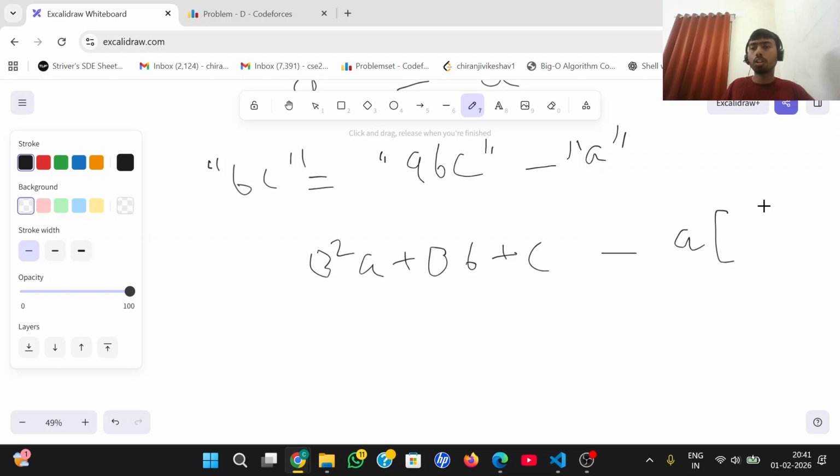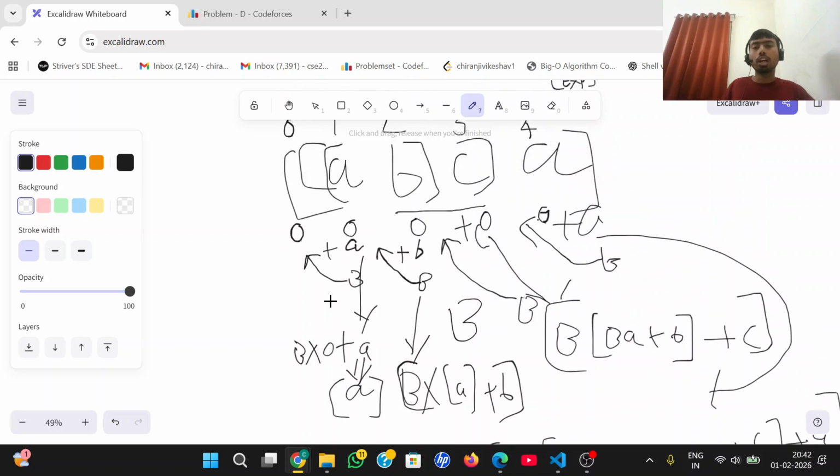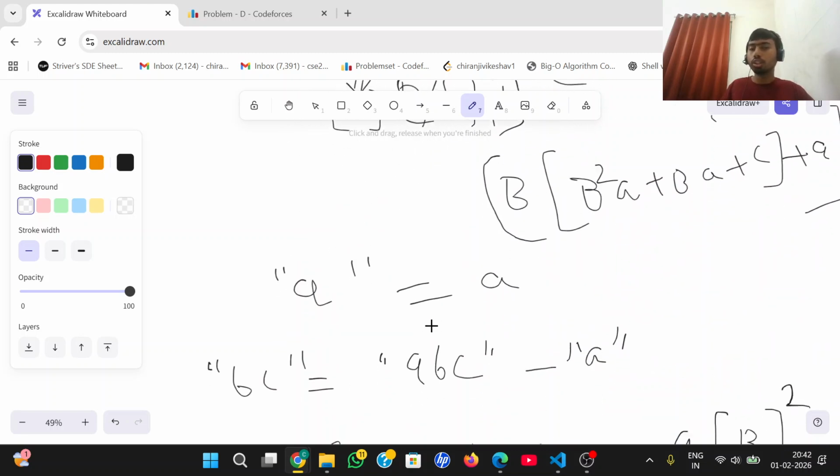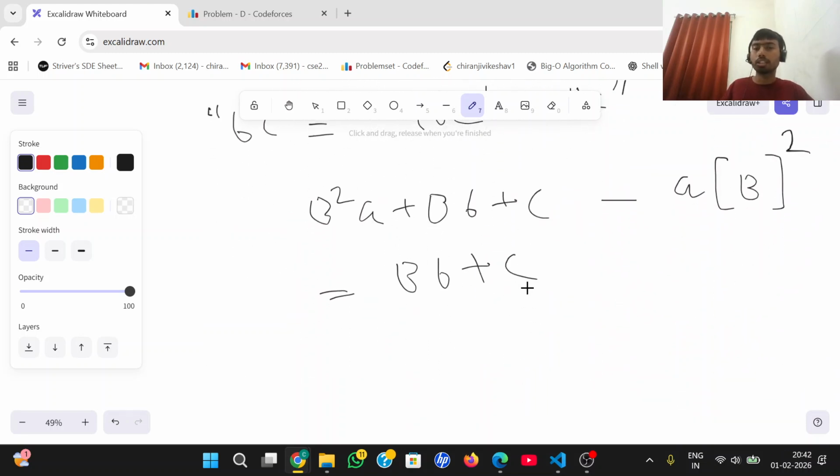We have to multiply by B to the power of the length of our substring, which is BC. You got it? A B square C. Now, what do we get? Bb plus C. If you find the hash of BC separately using the same method, you will get Bb plus C.